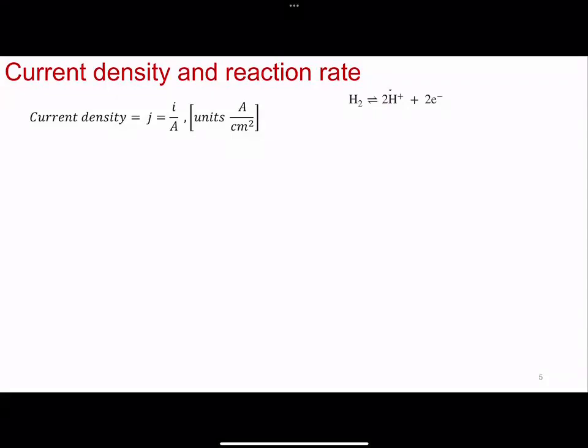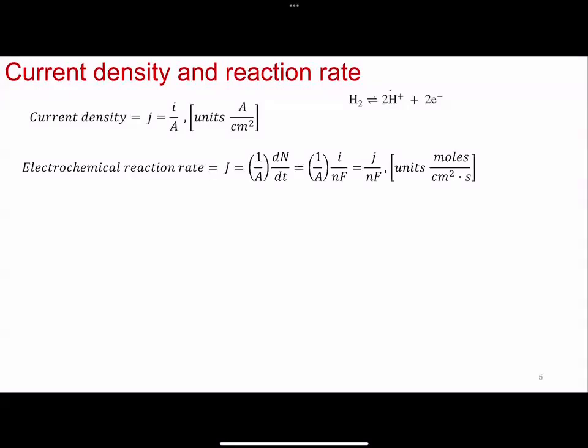So there you want to divide the current that you're interested in by the area. So let's say divide by the area of your electrode or the area of the electrolyte. But you're interested in amps per centimeter squared. So this is how we're going to normalize and compare cell to cell.